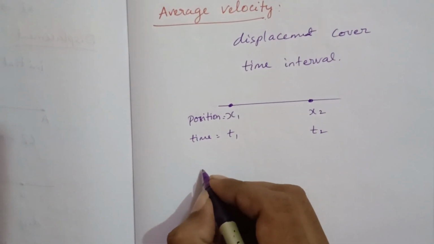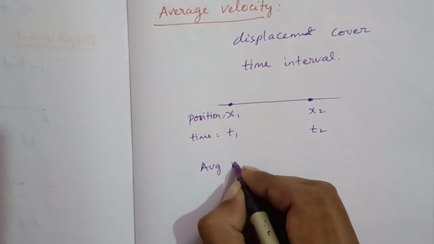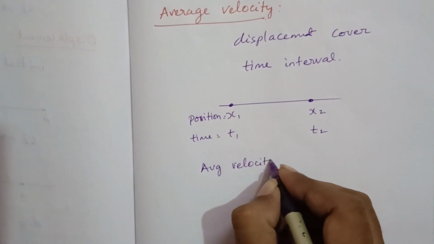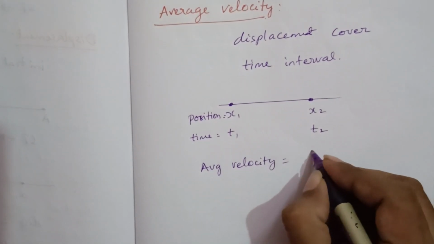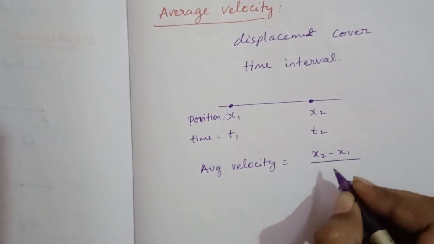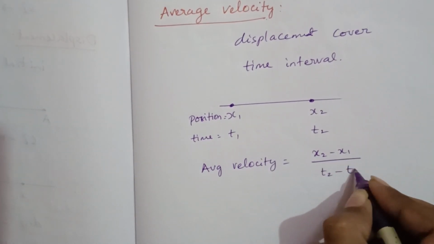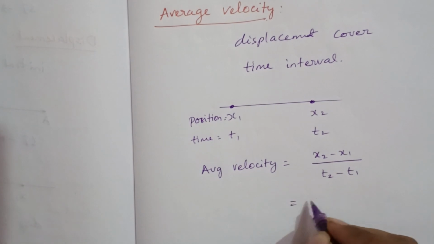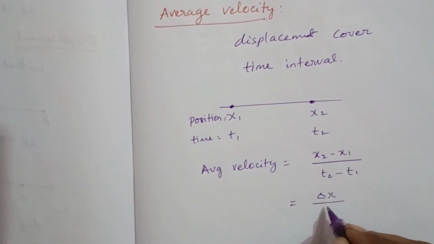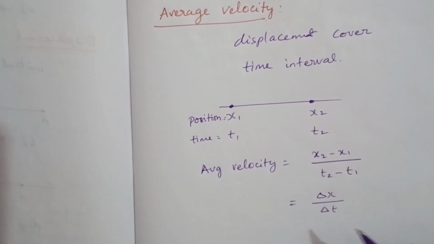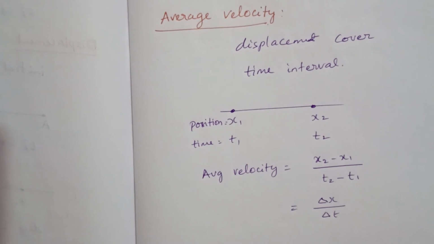Now what is the average velocity? Displacement x2 minus x1 over time t2 minus t1. So we can write change in displacement by change in time taken, delta x by delta t.